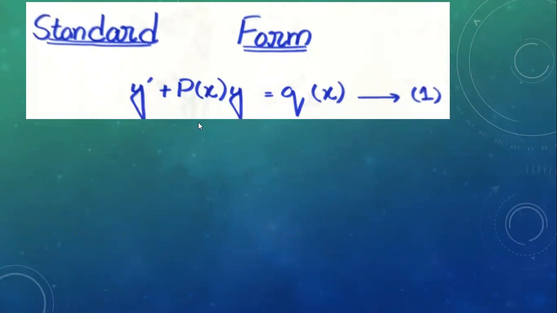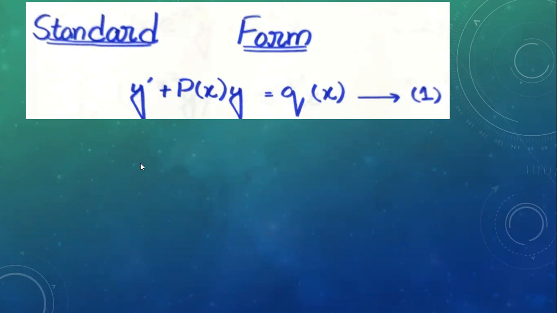This equation one is the standard form, where you should keep in mind that the highest derivative, in this case the first order derivative, is multiplied by 1. There is nothing multiplied or divided. In the second part, anything that is multiplied, divided, added or subtracted with y is known as p of x, and what you have in terms of x on the other side will be considered as q of x.